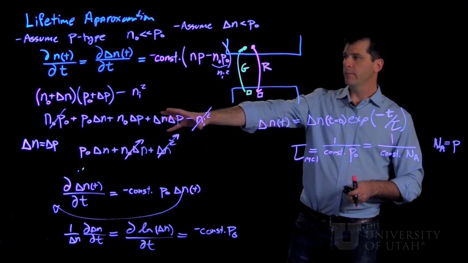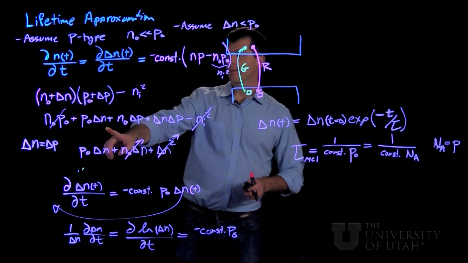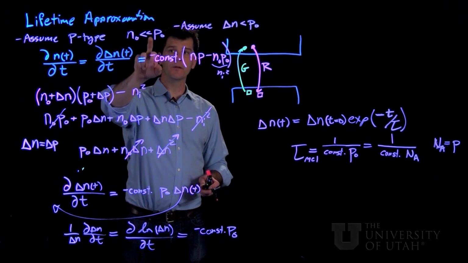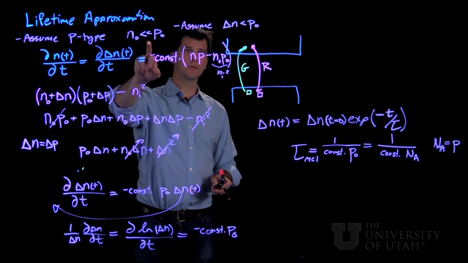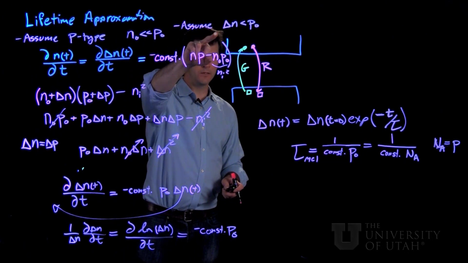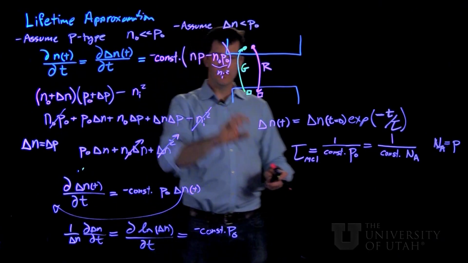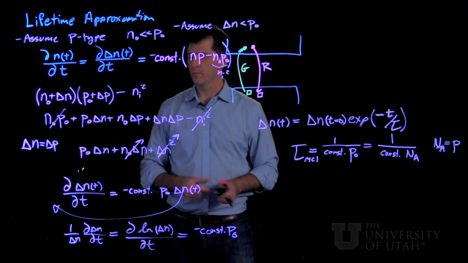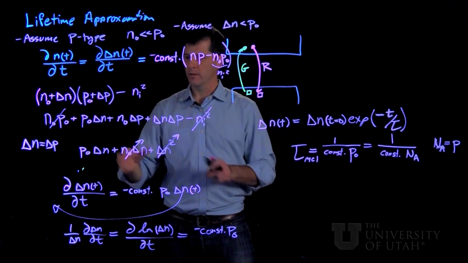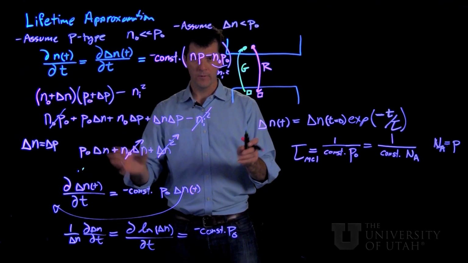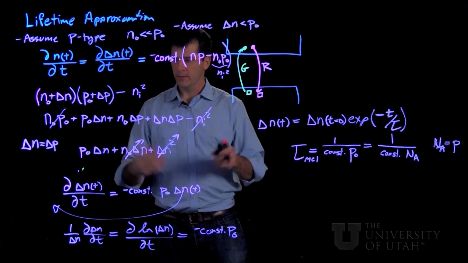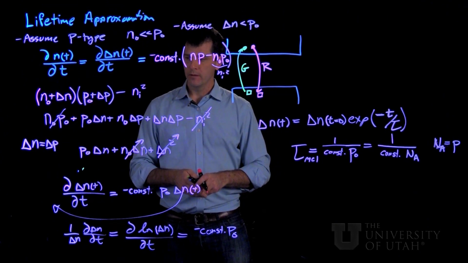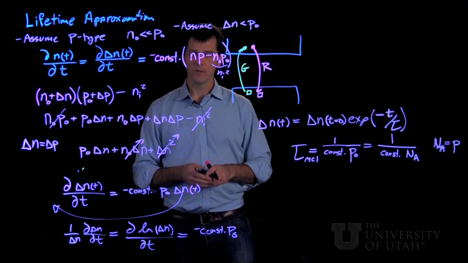You see from the full math treatment, and the fact that we had to invoke a couple of assumptions here, for example, that the doping is large enough that we can make this assumption, and that we're in low injection conditions, that in the general case, for example, in high injection or intrinsic semiconductors, this lifetime approximation will not be valid. But let me reiterate, for most cases and most devices, this is the form of the equations that we can use.